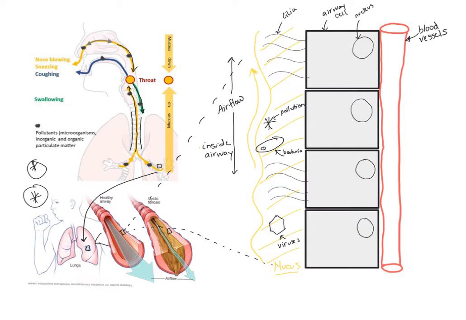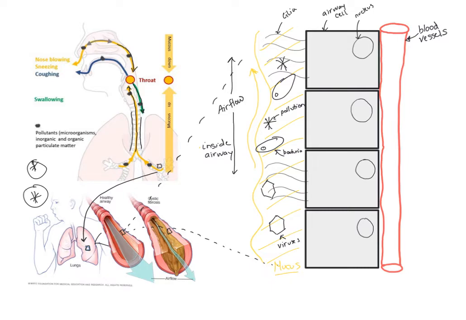So scattered about here, we'd expect to find all of these types of either pollutants, viruses, or bacteria. That gets swept up through the mucociliary system to the throat.